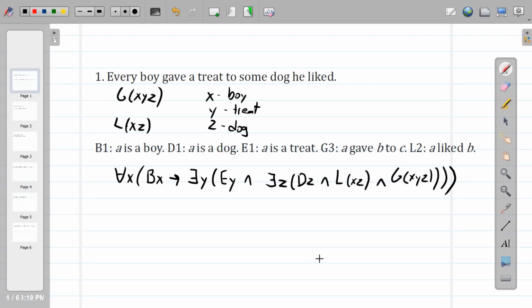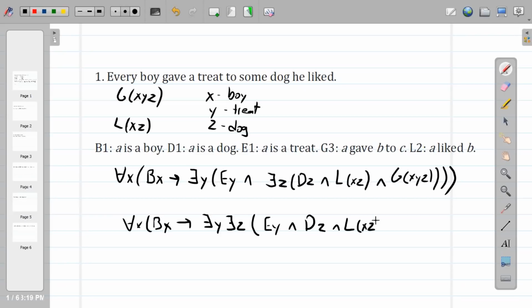Could you have put in the existence quantifiers right after the first one? Yes. So here's another perfectly good way of writing this out. Suppose we've got: for all x, if Bx, then there exists a y and there exists a z such that Ey and Dz and Lxz and Gxyz.